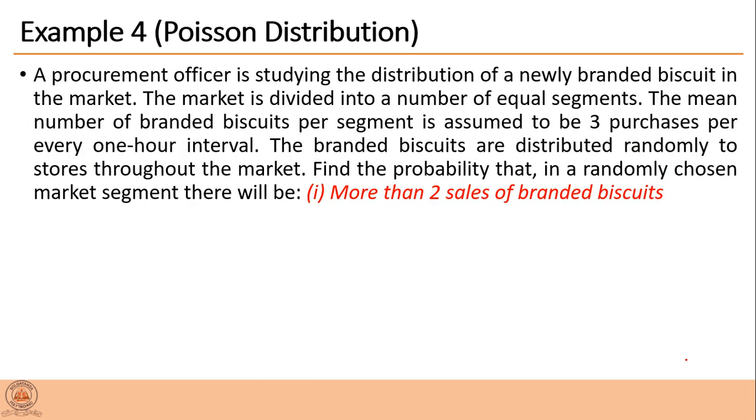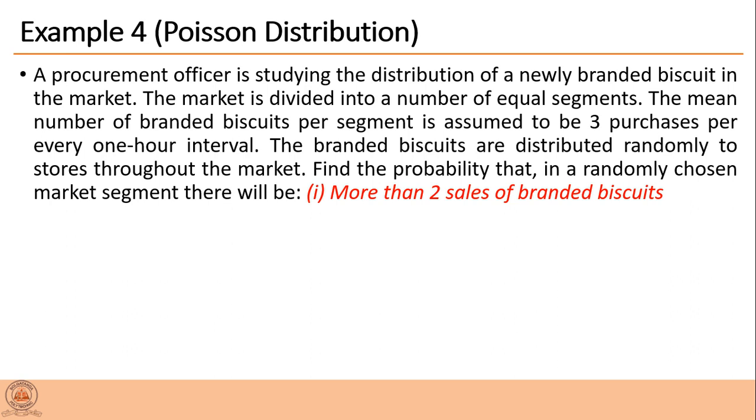Now let's take an example on the Poisson distribution. A procurement officer is studying the distribution of a newly branded biscuit in the market. The market is divided into a number of equal segments. The mean number of branded biscuits per segment is assumed to be 3 purchases per every 1 hour interval.